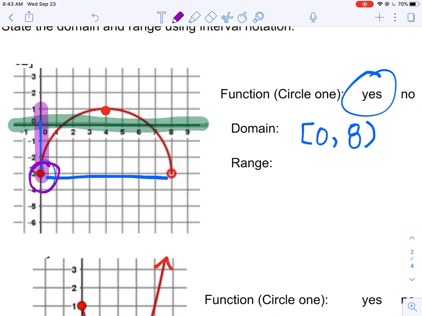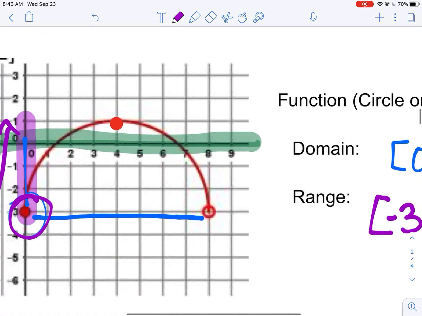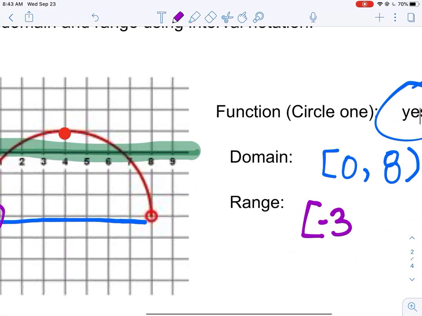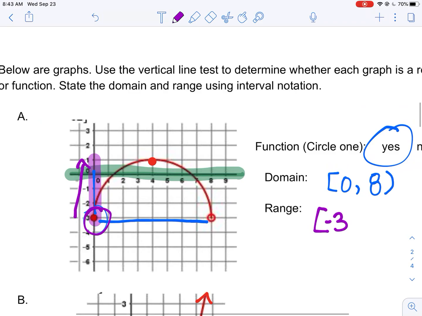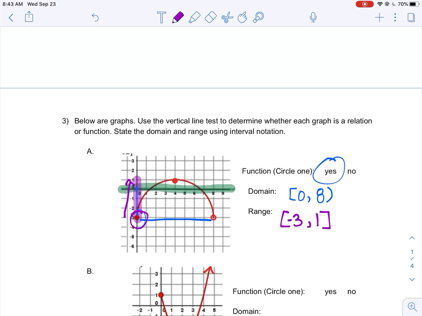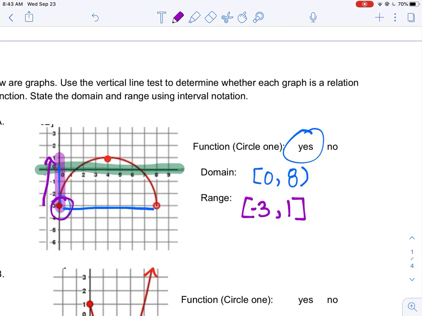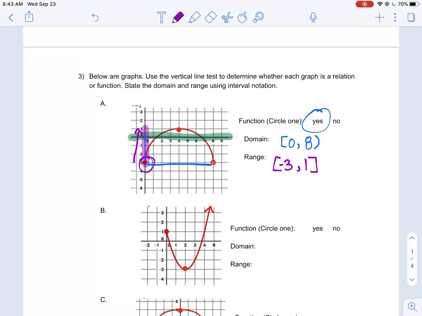And you'll notice that that's a solid dot. And actually that's a -3. So it's going to be -3. And you'll notice my function goes all the way up to here to 1 on the y-axis. And again, we have a solid dot, so that's going to be +1. So I've established that, yes, this is a function. I've established my domain and range. Remember, the domain is the x-axis, the range is the y.